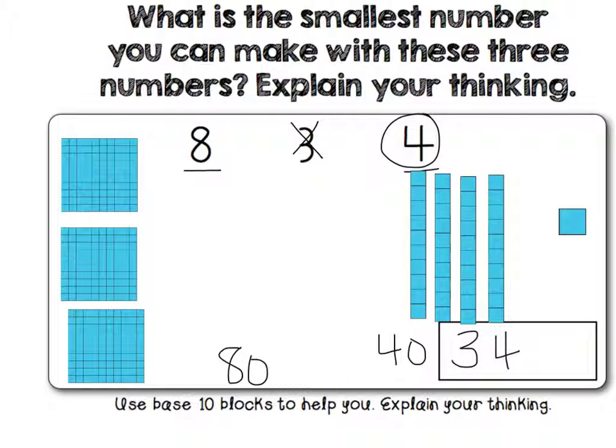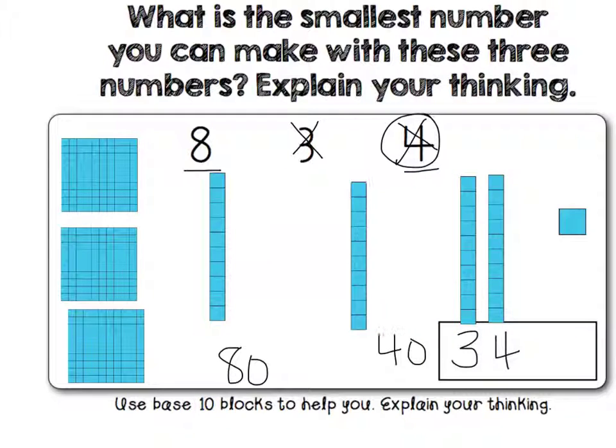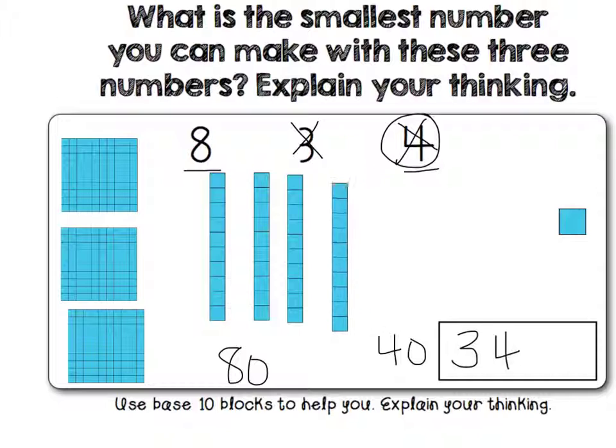Since I've already used the number 3, and now I've used the number 4, there's only one possibility, and that would be the number 8. So I'll put that right there. So what is the smallest number? My smallest number using these 3 numbers can only be 348. Now it's your turn to try. You're going to be given 3 numbers. Use your base 10 blocks to help you explain your thinking about what number is the smallest number.